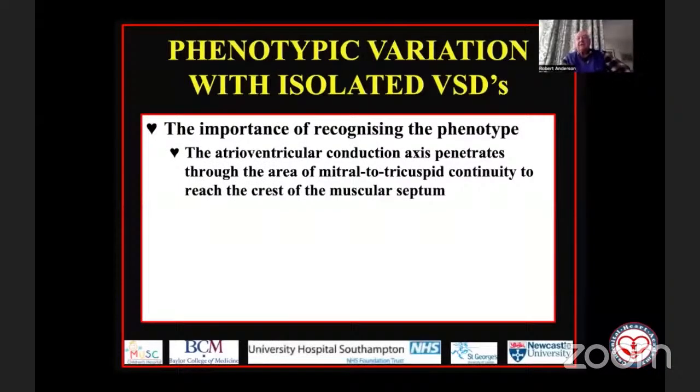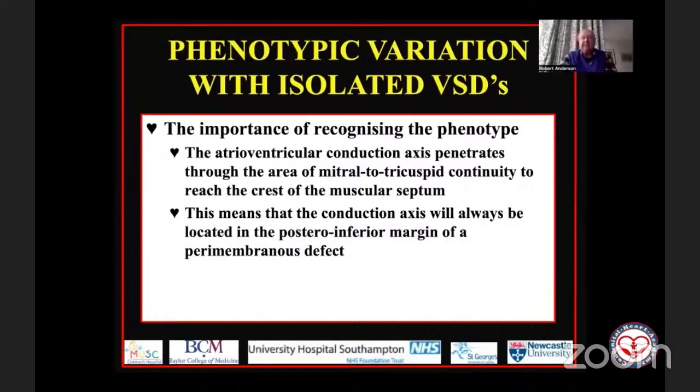So now you've seen how we recognize the phenotype. But why is that important? It is important because when we have this fibrous continuity between the leaflets, the mitral and tricuspid valves, forming the posterior inferior border of the defects, then always in the presence of septal alignment, the atrioventricular conduction axis penetrates through that area of fibrous continuity.